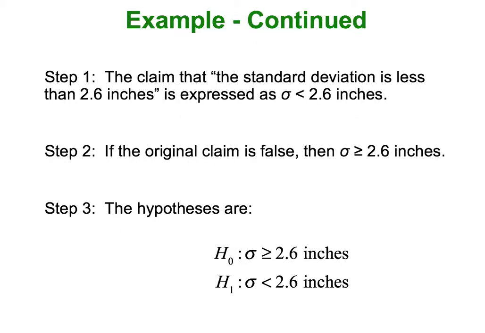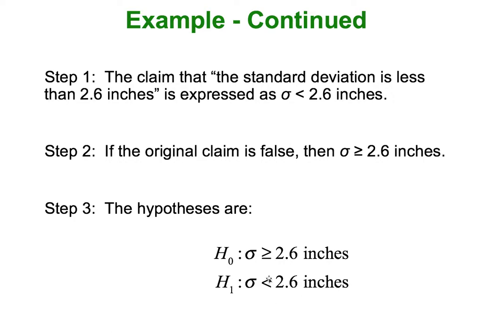And so now we go through the first three steps of our hypothesis test. The claim is the standard deviation is less than 2.6 inches. That is expressed as sigma is less than 2.6. The complement then would be sigma is greater than or equal to 2.6. So our null hypothesis is sigma is greater than or equal to 2.6 because it contains equality, and the alternative is that sigma is less than 2.6.